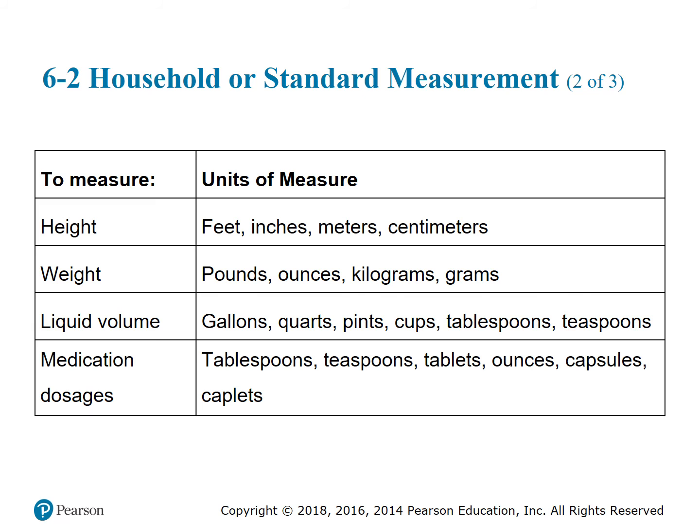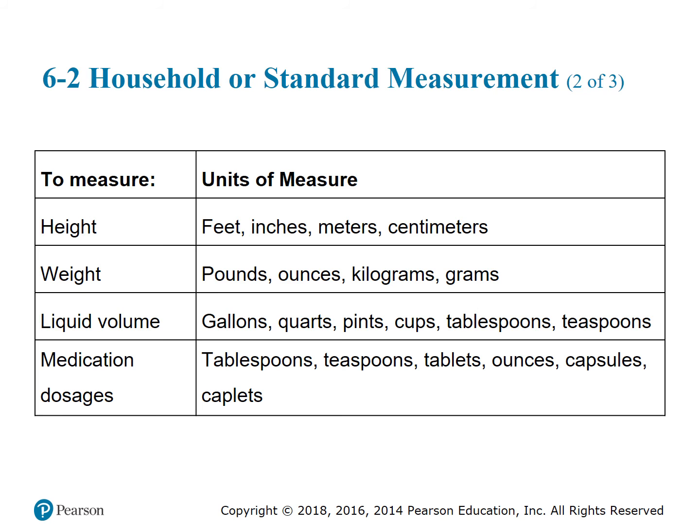So looking at this table, we can see the units of measurement used to measure height, weight, liquid volume, and medication dosages. So for height, there are units of measure like feet and inches, which we should be really familiar with, and also meters and centimeters. For measuring weight, pounds and ounces are probably more familiar to us, but we also use kilograms and grams, particularly in the healthcare setting.